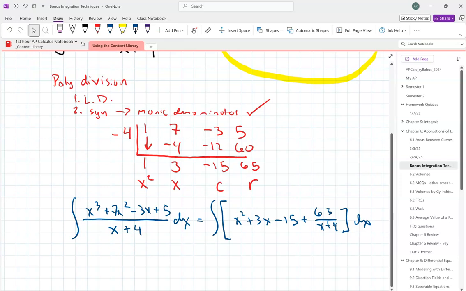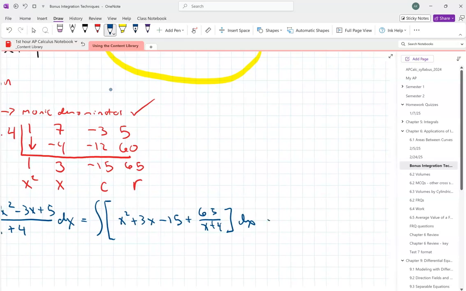Is everybody okay on how I did the division and changed it? And now this integral is not too bad, right?